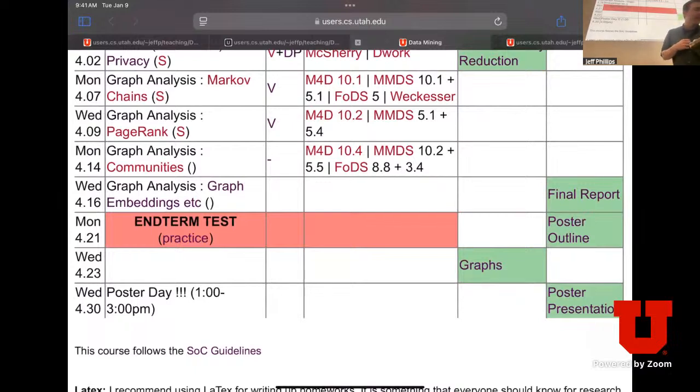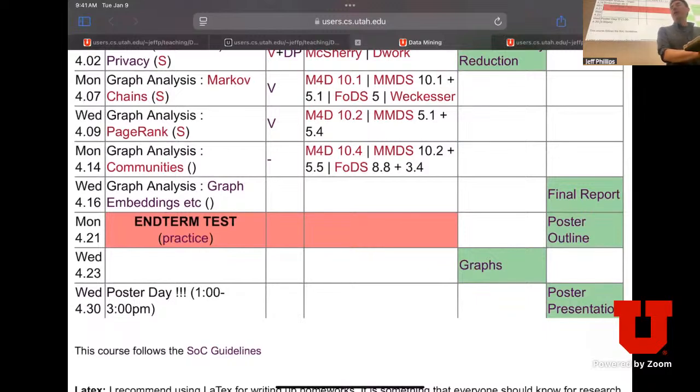In the afternoon after class, after the test on the 21st, you can go and do a poster session and review what you've done so far and get some feedback on how to improve your poster, and share it with other people in the class. We're working on booking a room. I think it'll be in the Merrill Engineering Building again, in 3147. I'll post this online.